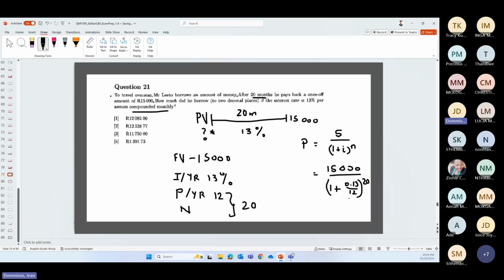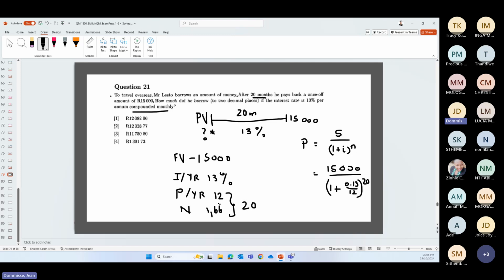So let's quickly check. This would have been 1.666, so that would be your number of years, with 12 times per year.